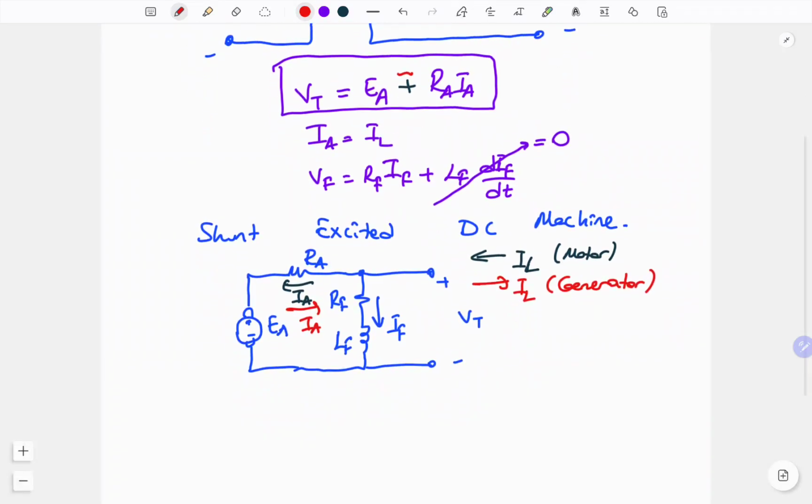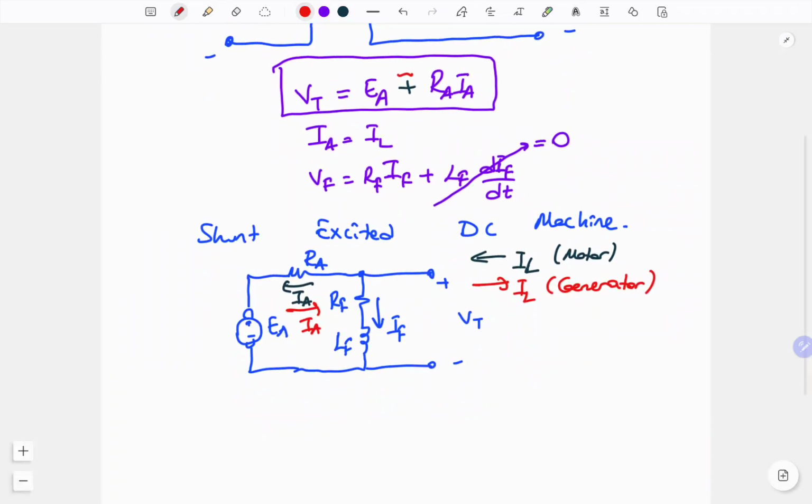Because of this, we can use the first expression, VT equal to EA and RA IA expressions, in the shunt excited operation also. So VT, EA, RA, IA will be the parameters for the big loop in the circuit on the left side.